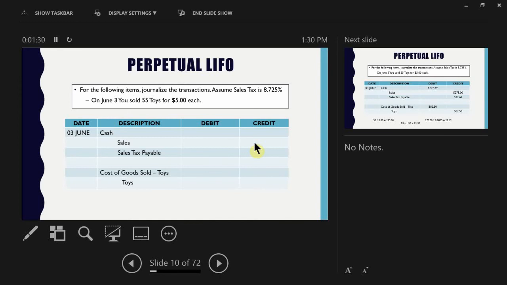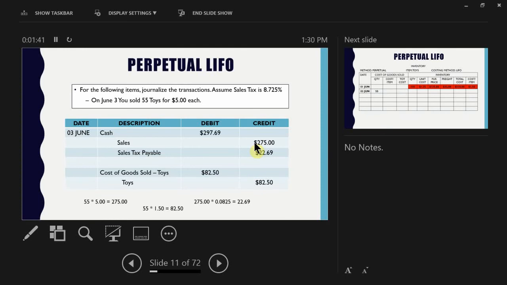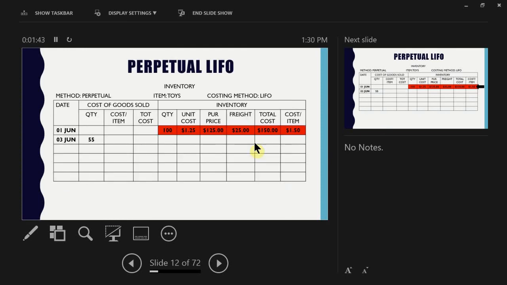Then on June 3rd, you sold 55 toys for $5 each. In this case, I've already solved for my cost of goods sold, but I have to go to my inventory worksheet to find out what those calculations are. So I apply that on June 3rd in my cost of goods sold section.